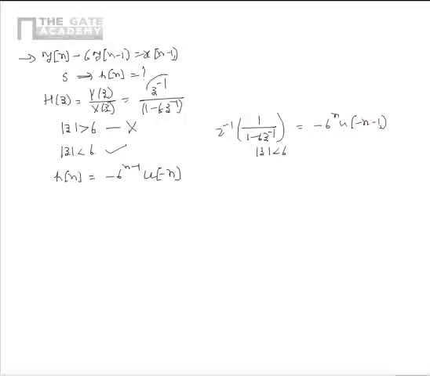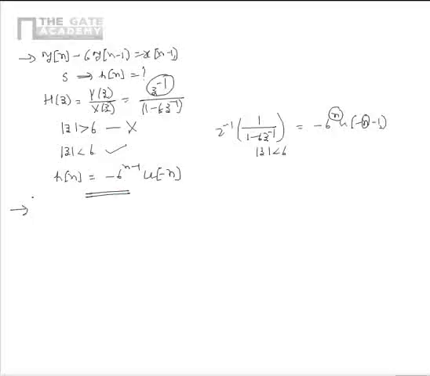So because of the z inverse, the impulse response can be obtained by replacing n by n minus 1. So we see that the impulse response of the LTI system is minus 6 to the power n minus 1 multiplied by u(-n).